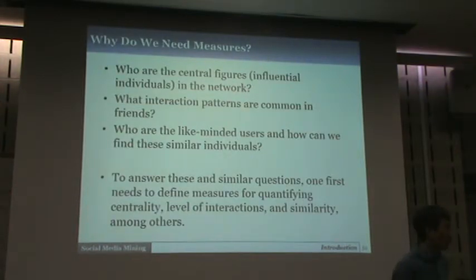So why do we need this? We'd like to know the influential individual. One of my students, Khalid, is doing research to find such influential users from the social media network. If you are asked to find the influential user, how can you find them? Most followers, yes, most connections, most activity.